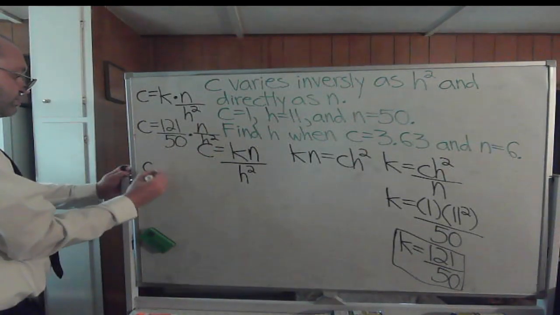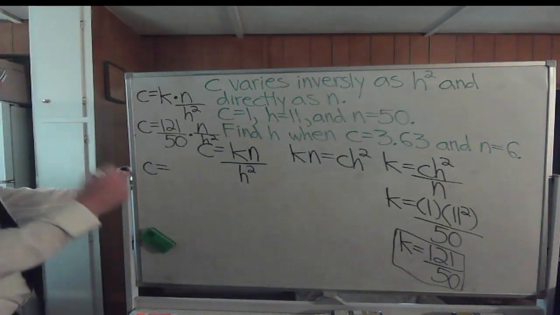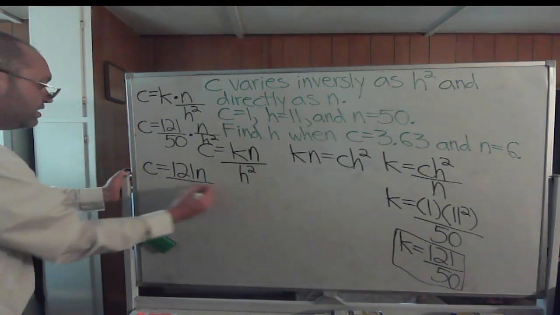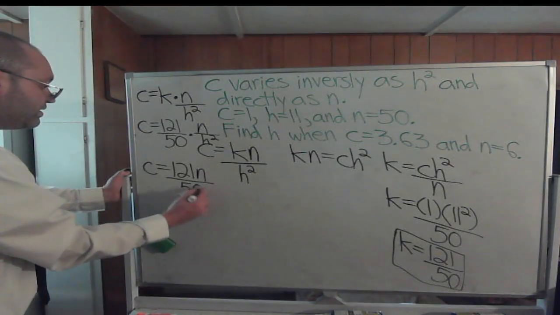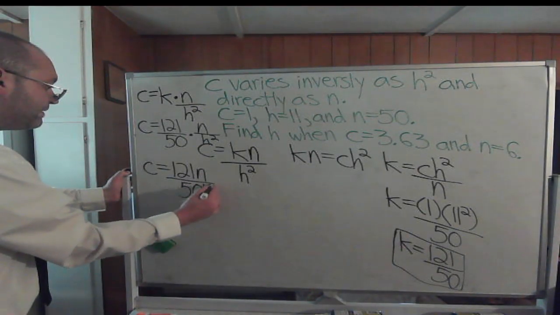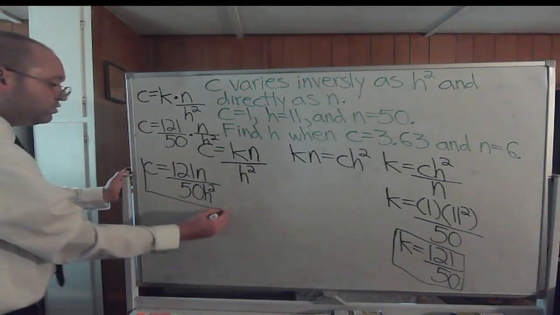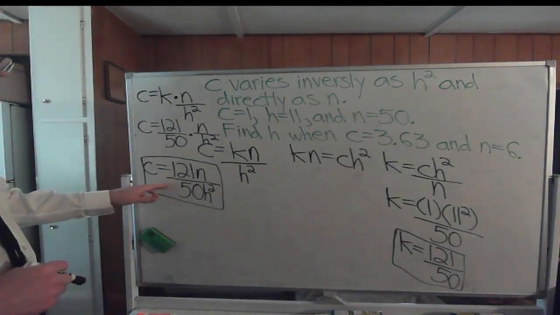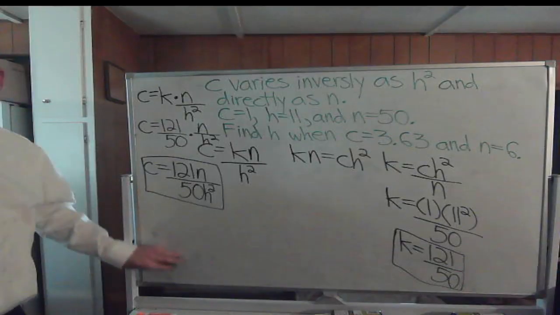So that means your new equation of combined variation is 121n over 50h squared. So that is your new equation of combined variation, c equals 121n over 50h squared.